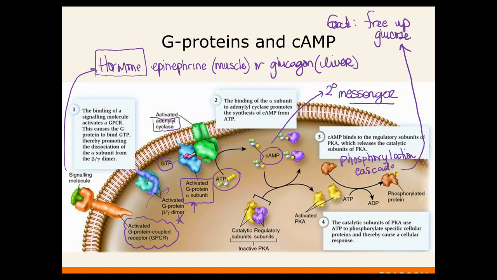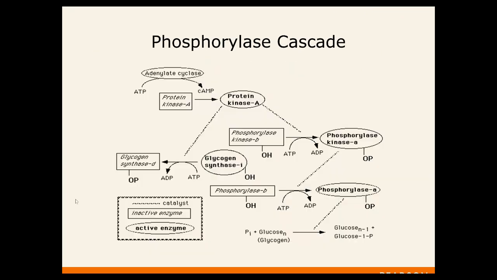Okay, now I know this is a really pretty slide, but I actually prefer this black and white slide, and I'll tell you why. Because there's a lot of information here. This does not show the original binding event of the hormone. It does not show the G protein activation.